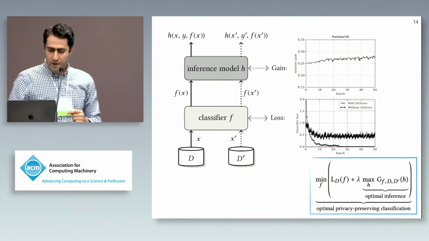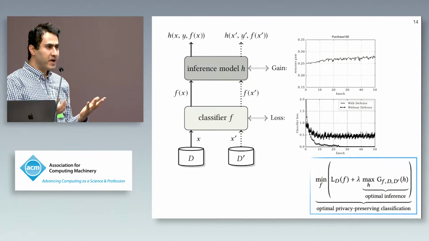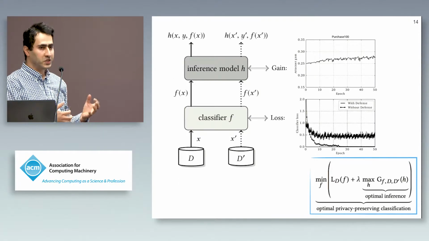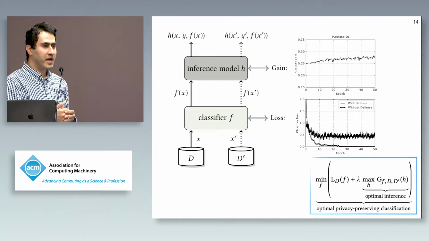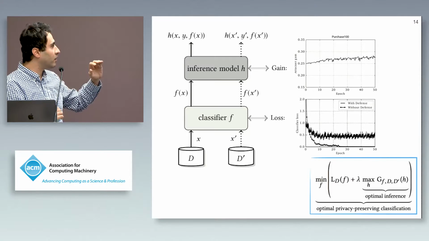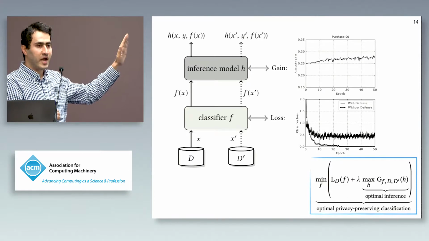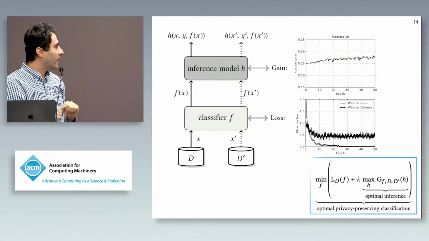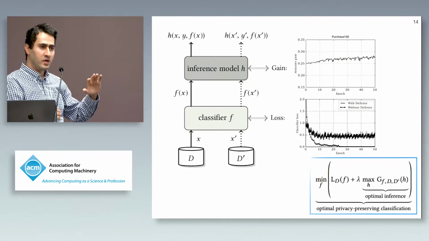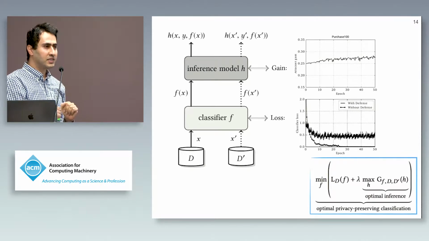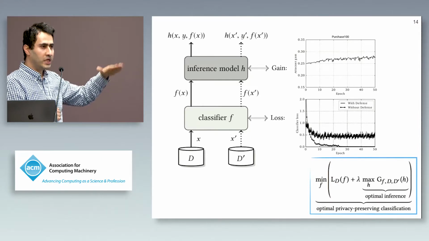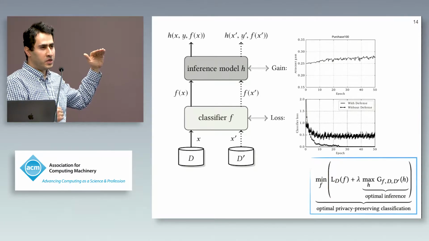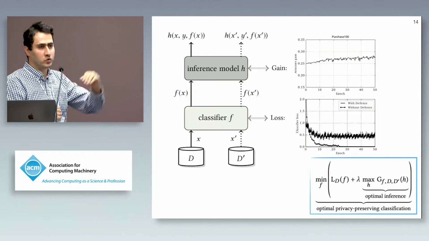Because we want to implement this min-max game, we design an algorithm in an iterative manner. In the first epoch of the algorithm, we solve the optimization problem for the inference attacker, so we find the gain of the attacker. Then in the second phase, we optimize the loss function of the classifier, and we do this iteratively until we feel we're getting close to an equilibrium point.